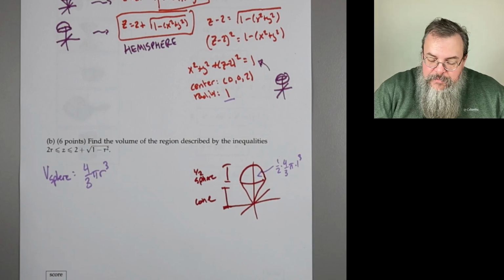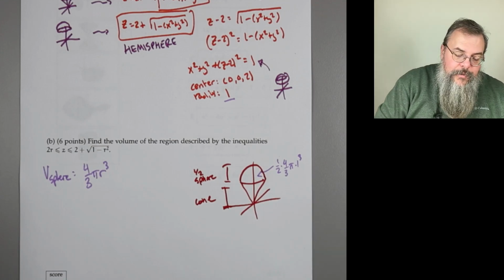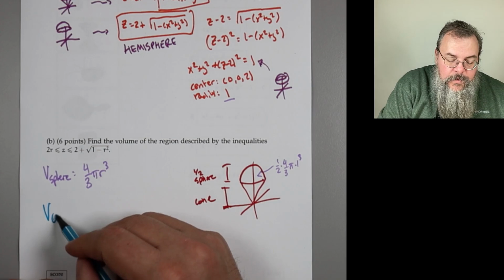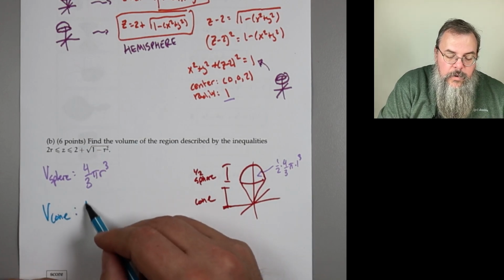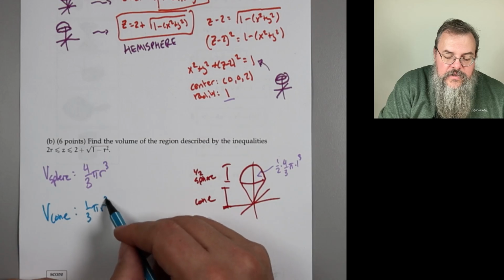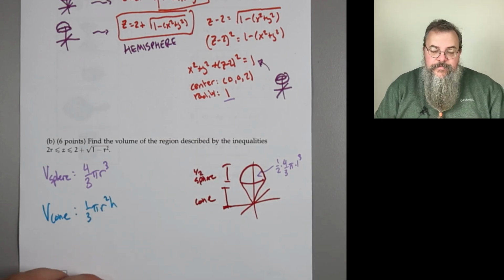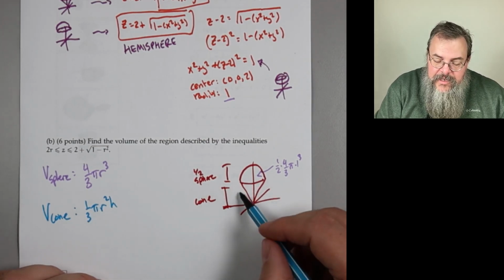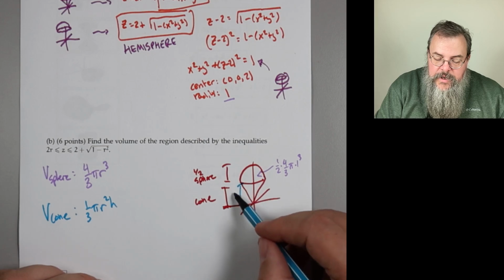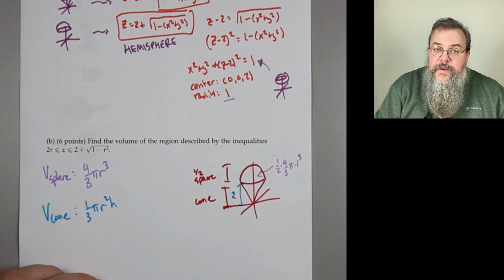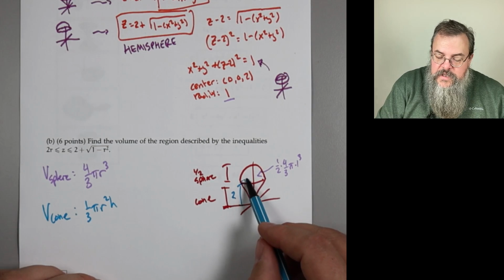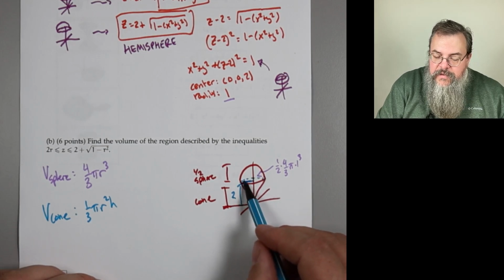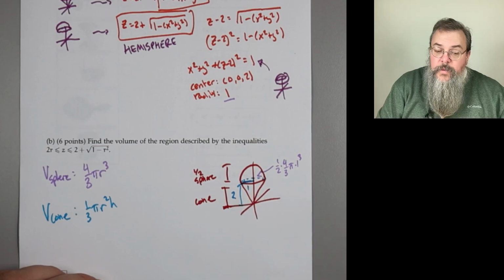Now, our bottom piece, our cone. What's the volume of a cone? The volume of a cone is 1/3 pi r squared h. It's basically 1/3 base height. So the height here, how high up do we go? Well, we go 2 up. And our base is the same as our radius. So r is 1.